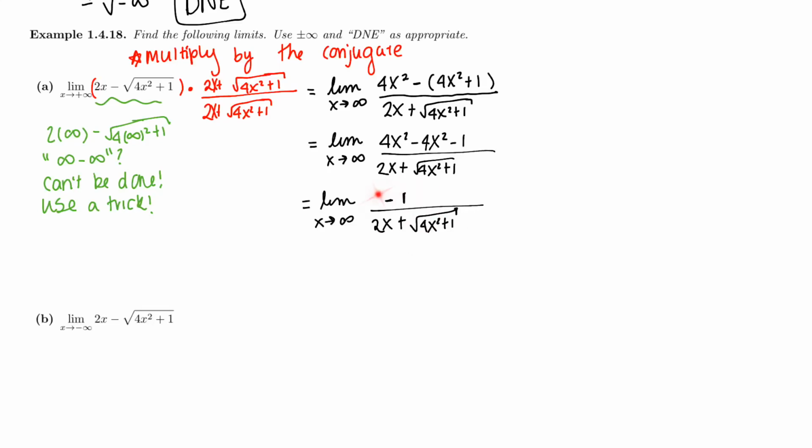Since there's nothing to do on the top, we're just going to plug in negative 1 over 2 times infinity plus the square root of 4 times infinity squared plus 1. You end up with infinity plus another infinity, so you end up with negative 1 over infinity, which is 0.